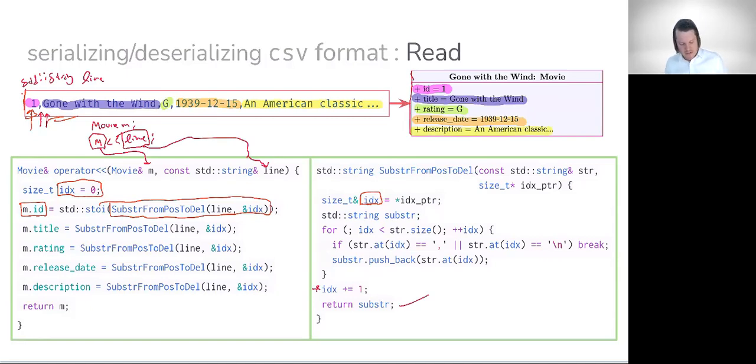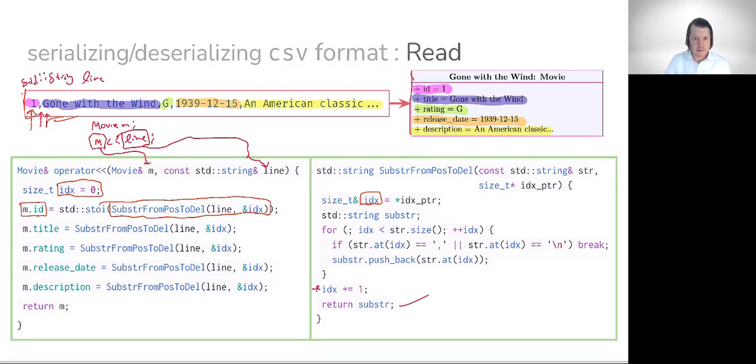Remember that we have to ensure that this string representation of 1 is converted to an integer, so calling string to integer, and then we successfully store 1 within the ID portion of the movie object.